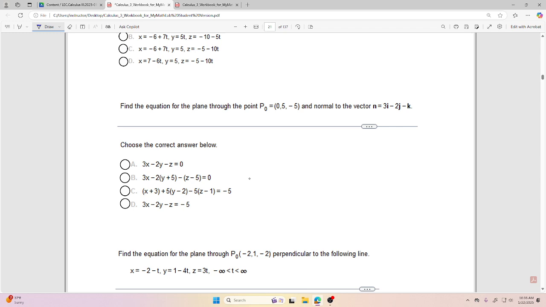Or at least some possibilities. You don't have notes for that one? Uh-oh.